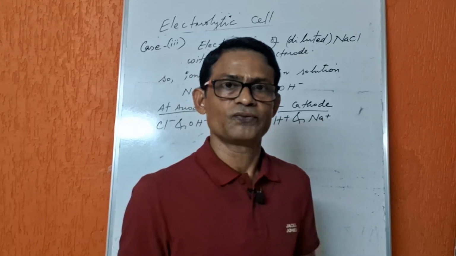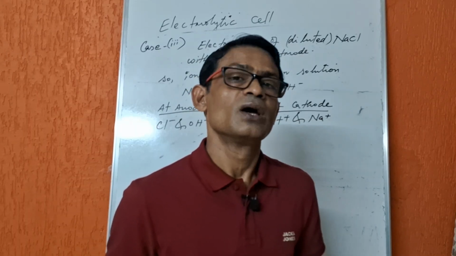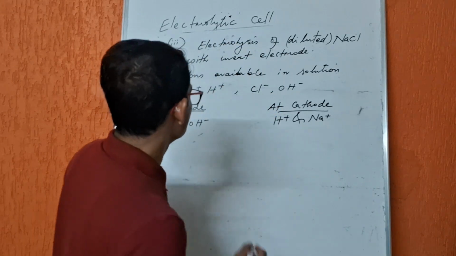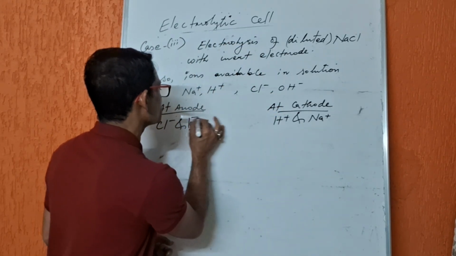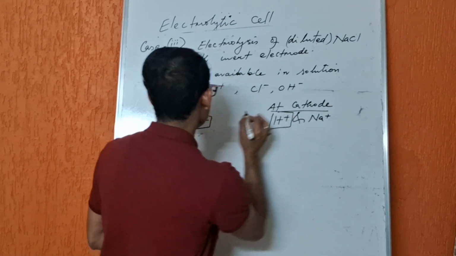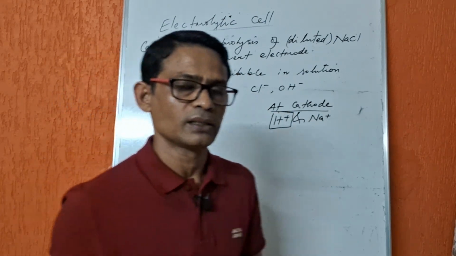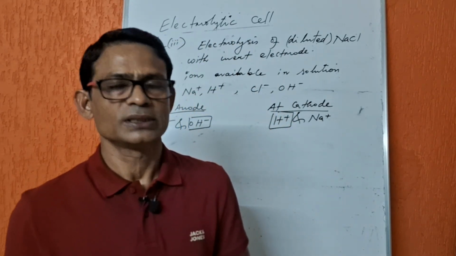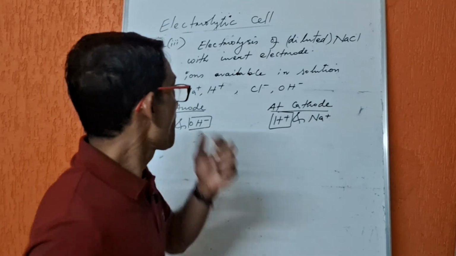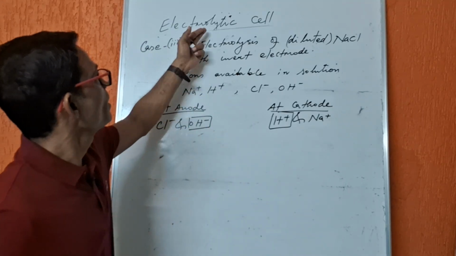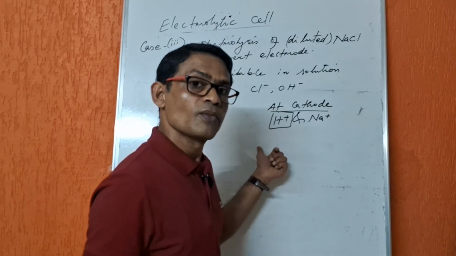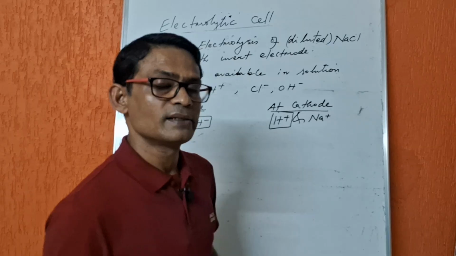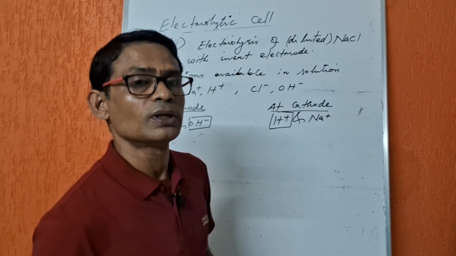But for the case of a diluted aqueous solution, the concentration of H plus and OH minus is too high. So here the standard reduction potential series is not applicable. For the case of diluted electrolytes, the standard reduction potential series is not applicable.